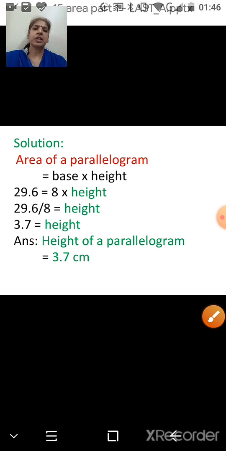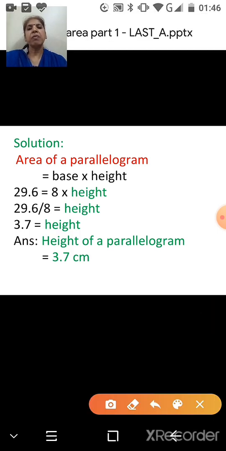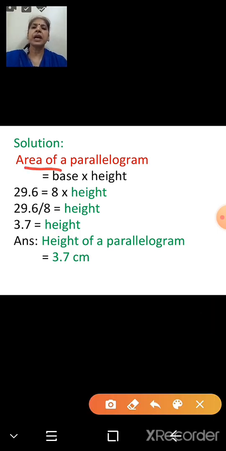Now solution. First we have to write the formula. Area of parallelogram is base into height. Now substitute the values.